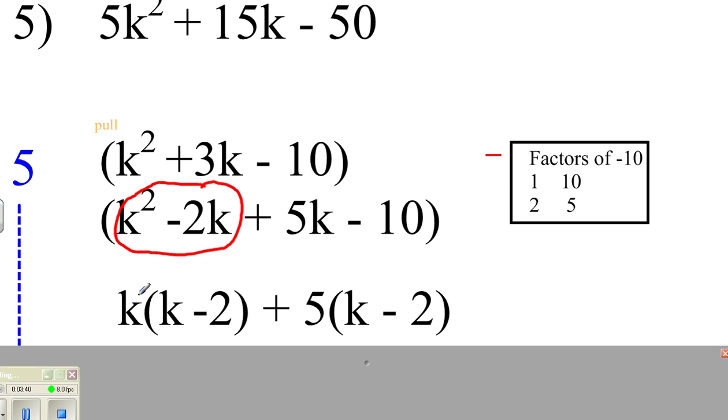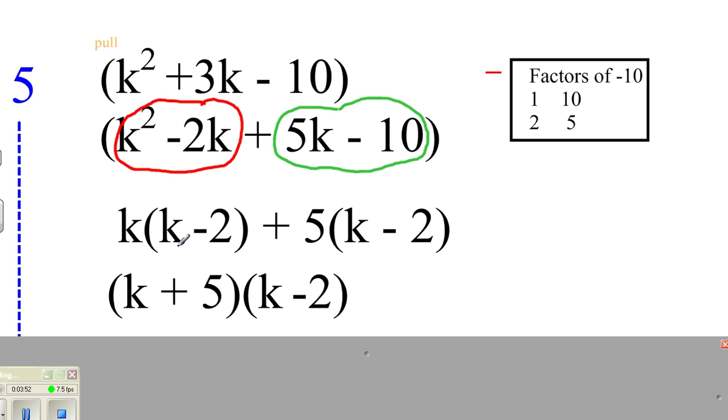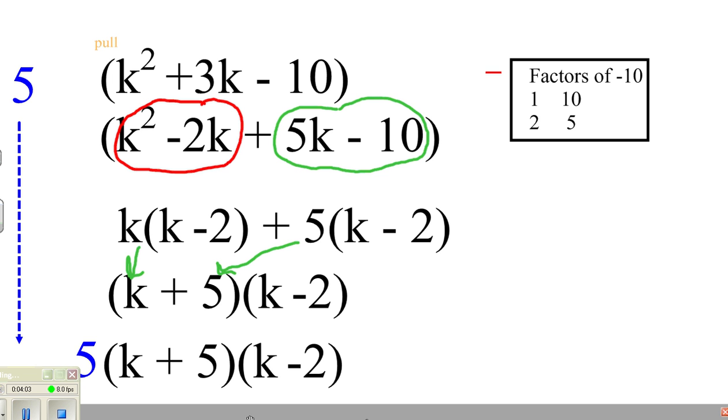Factor out a k. Then the second pair of terms, we see we can factor out a 5. So we factor out a 5. Then we continue to combine the terms. K goes there, and we also distributed a 5 onto the k minus 2. And we don't forget the 5 we factored out to begin with, and there's the final product.